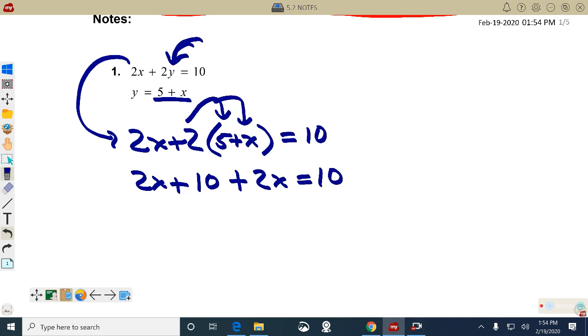Let's try to remember our math 1 days now. Now what? Combine like terms. 2x and 2x is 4x, plus 10 equals 10.